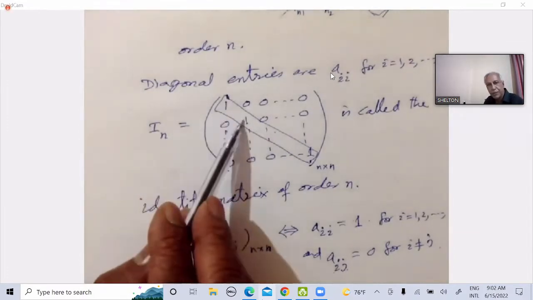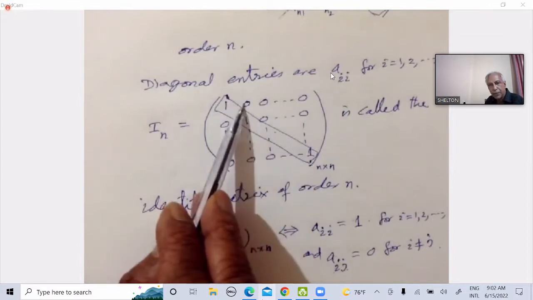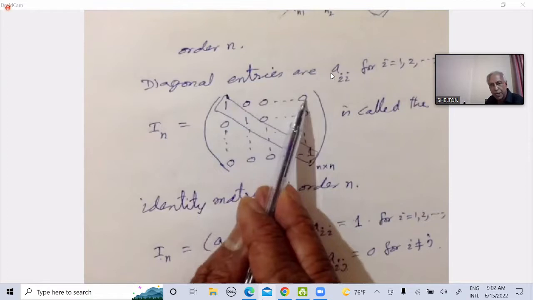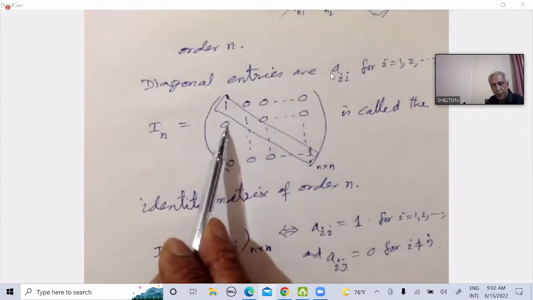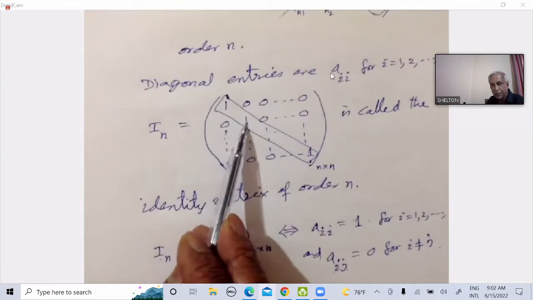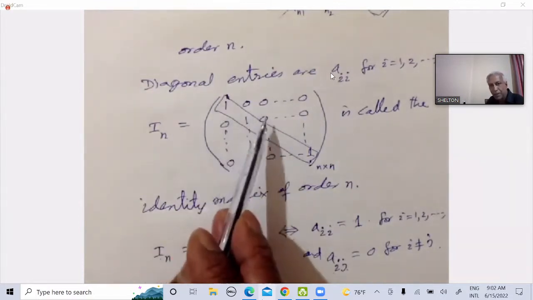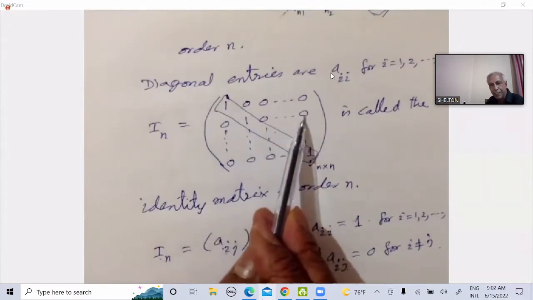A11 is 1, A22 is 1, A_nn is 1, A12 is 0, A13 is 0, A1n is 0, A21 is 0, A22 is 1, A23 is 0, A2n is 0.